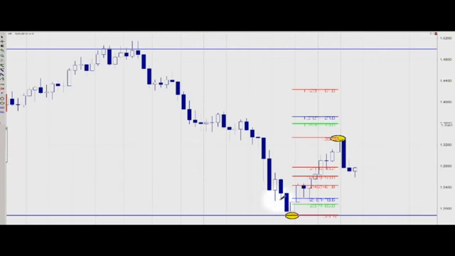Now, because the market moves in waves and likes to make higher highs and higher lows, if the market forms a low higher than the previous low within these 3 red lines, we should expect the market to come all the way up and form a high at the 1.618 extension red line.